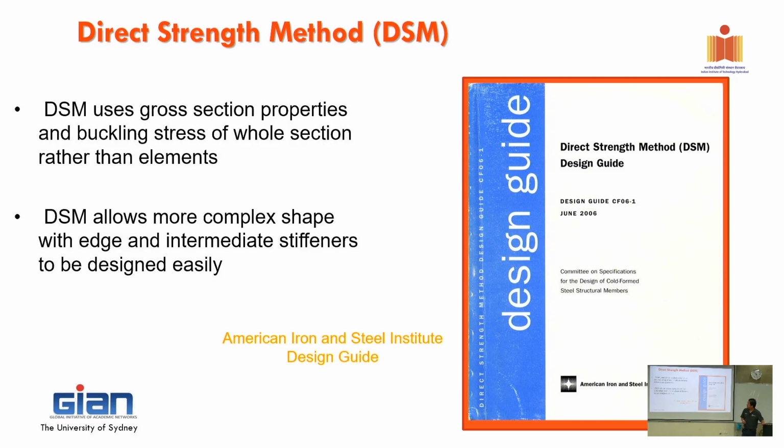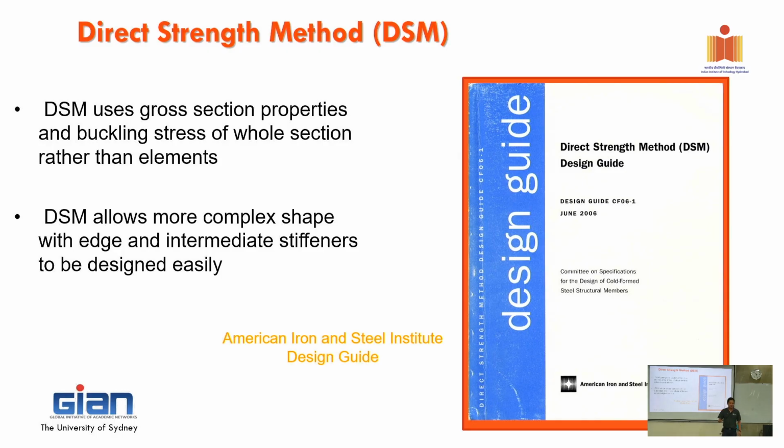Okay, so what's different? Direct strength method uses cross-section analysis, buckling analysis for the cross-section. I will explain a bit later. But remember in the last lecture, when we used the effective width method, we don't treat the section as a whole, right? We split it into elements, lip and flange and web or whatever, and then we combine later.